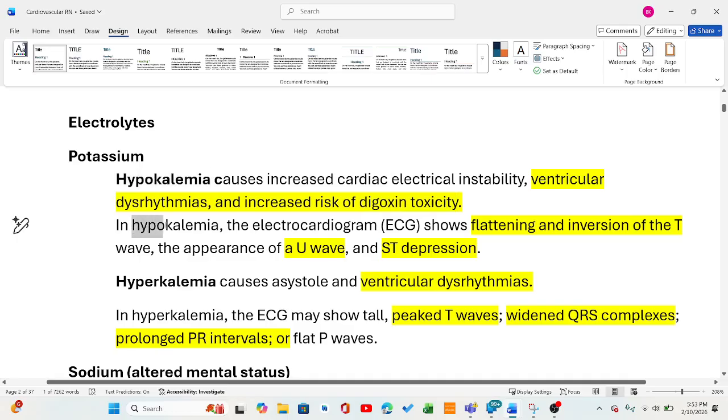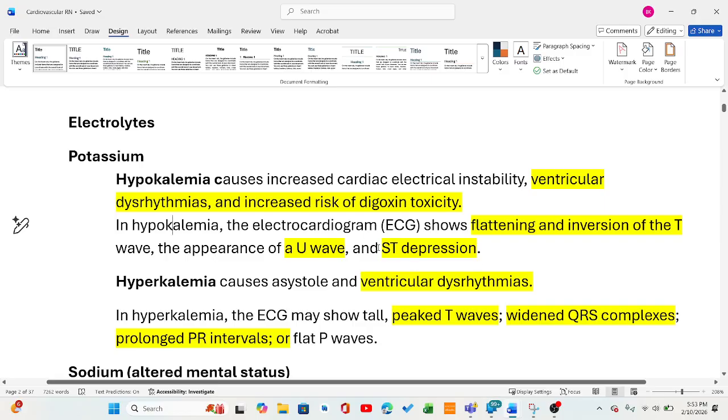Next, when it comes to the electrical activity of the heart, where you can get an EKG, to know whether potassium levels are low, when you see a U wave in a question, it's an indication that the person is hypokalemic, and therefore at risk of having ventricular issues.